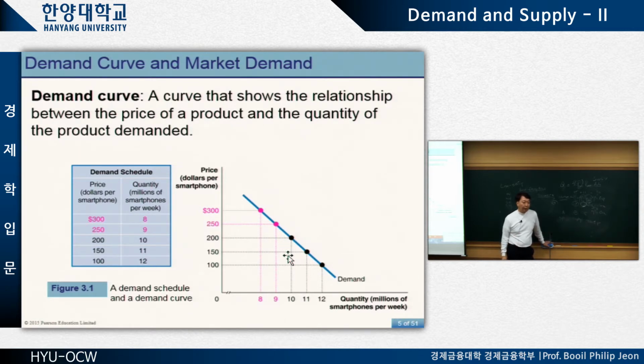The other explanation is the income effect. Income effect says when things become cheaper, and everybody has a certain amount of income, that makes the amount of income relatively large.